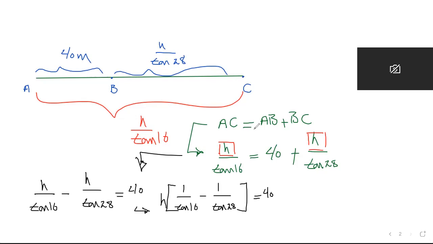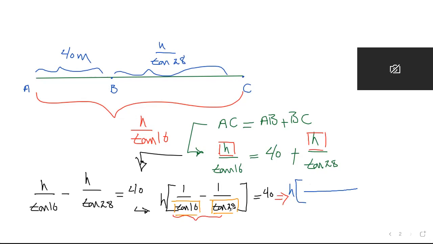Now, look at this. I have something inside. I'm going to take the common denominator and let's see what happens. Then what I'm left with is this. I have h, which was factored before. What is the common denominator of these two terms, tangent of 16 and tangent of 28? What is the common denominator? 8? How did you get that?